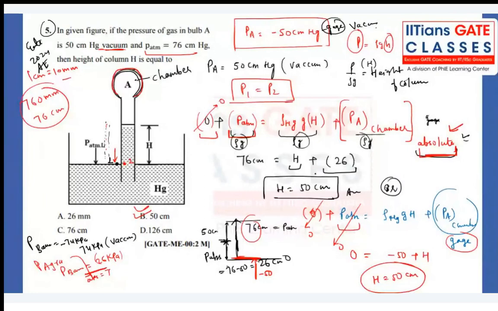Directly, if you are telling the particular chamber pressure is 26 centimeter, indirectly you are telling that there is some vacuum of 50 centimeter. Because atmospheric pressure is 76, and we are measuring only 26 total pressure. That means there is some lagging in the pressure, right? There is a deficit of the pressure value by how much? 50.